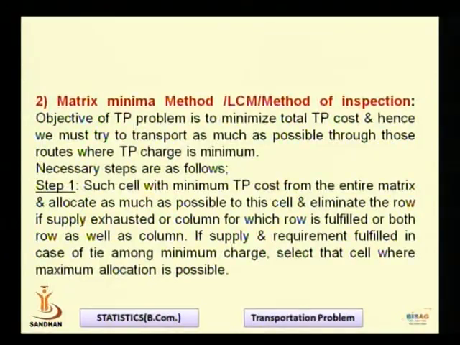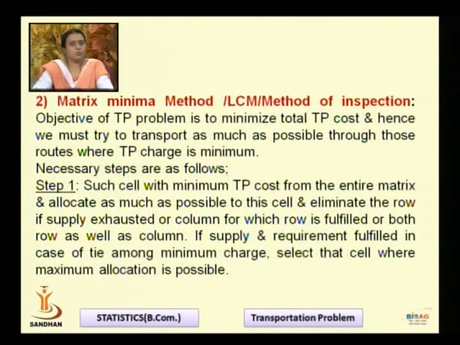Now our next method is the matrix minima method, otherwise the least cost method, otherwise a method of inspection. Our objective of the TP problem is to minimize total transportation cost, and hence we must try to transport as much as possible through those routes where the TP charge is minimum. Necessary steps are as follows. Step 1.